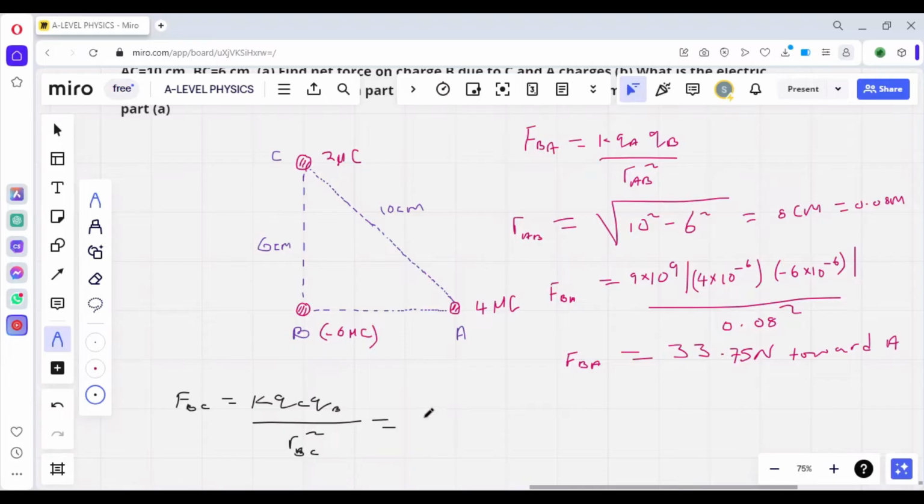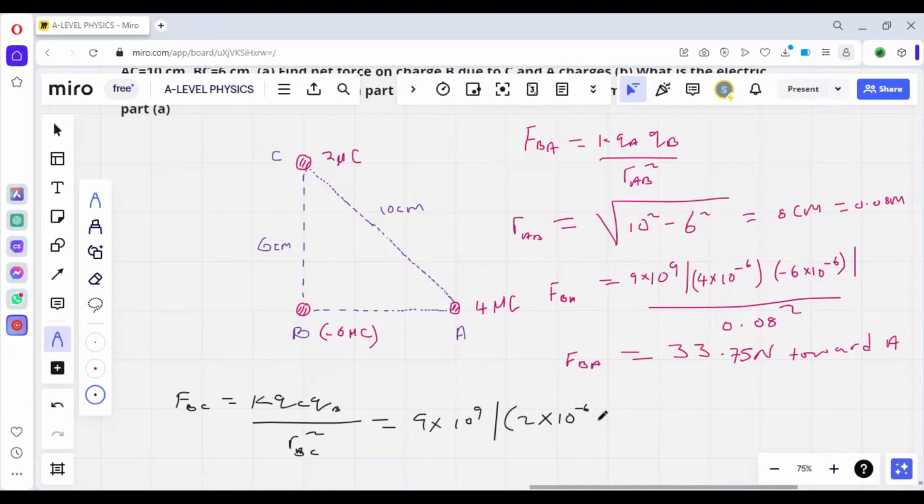Let us substitute. So we have 9 exponent 9 times the magnitude of QC and QB. Now QC is 2 times 10 power negative 6.